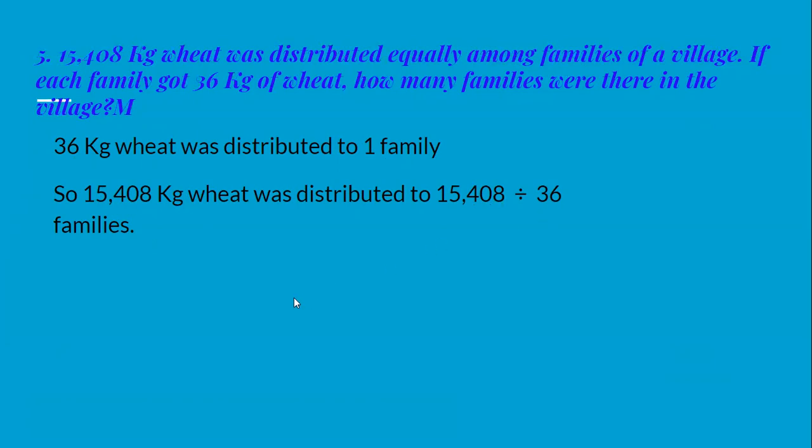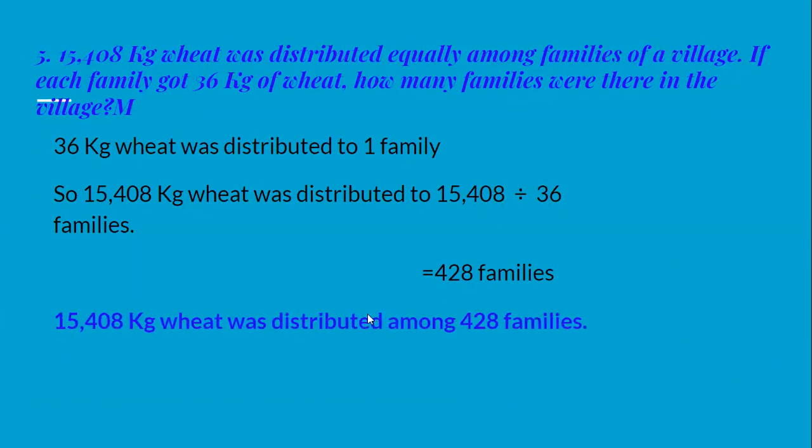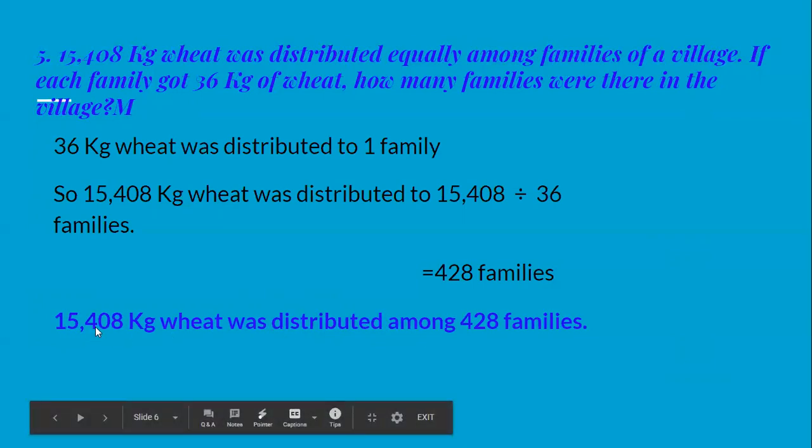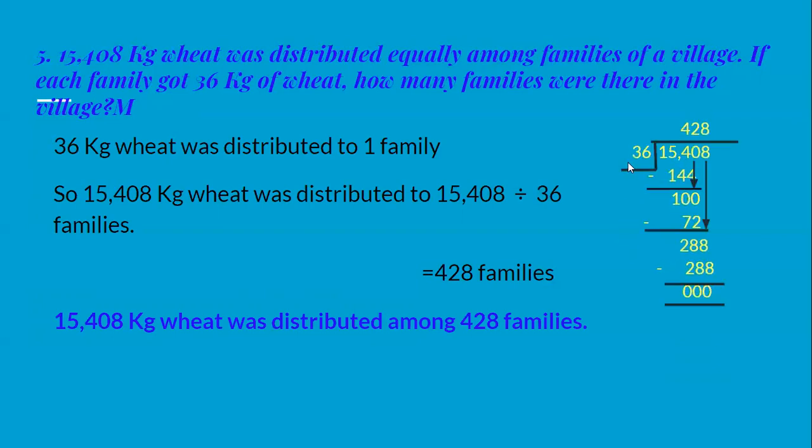So how many families? That is 428 families. So how will we write the answer? 15,408 kilogram wheat was distributed among 428 families. Now I'll show you the division.